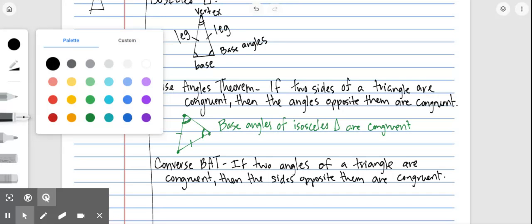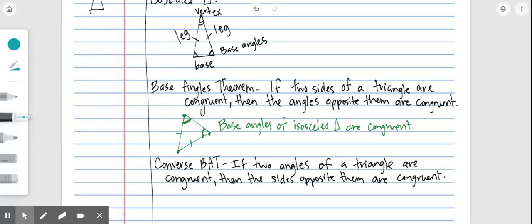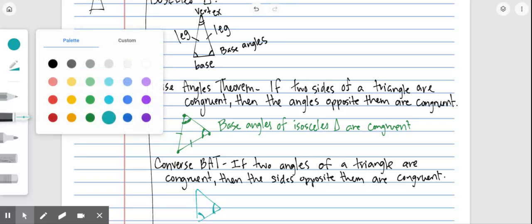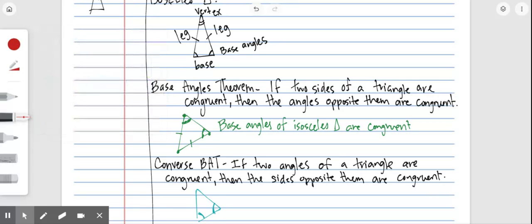So again, I'll draw a little example. If I have these two angles are congruent, then that means that their opposite sides are congruent. So the opposite side to this angle is this one, and the opposite side to this angle is this one. Basically, if the base angles, or if two angles are congruent, then you have an isosceles triangle.